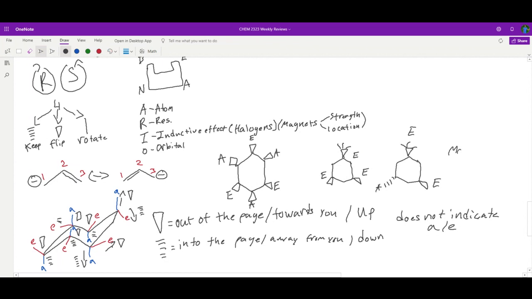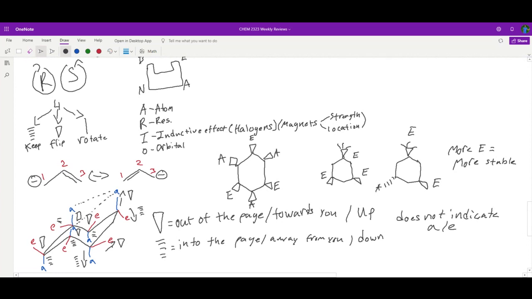The more E equals more stable. So there's something called 1,3-diaxial steric hindrance, and that's when your groups are in axial positions. Those positions are going to interact and bump into each other.